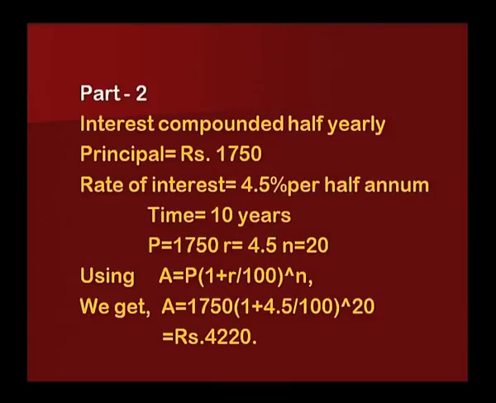Using the formula A is equal to P multiplied by 1 plus R upon 100 to the power n, we get A is equal to 1750 multiplied by 1 plus 4.5 upon 100 to the power 20, that is rupees 4220.